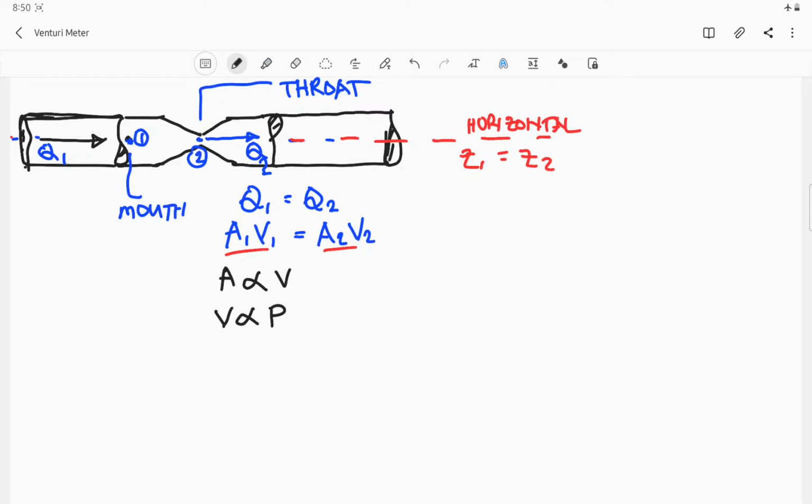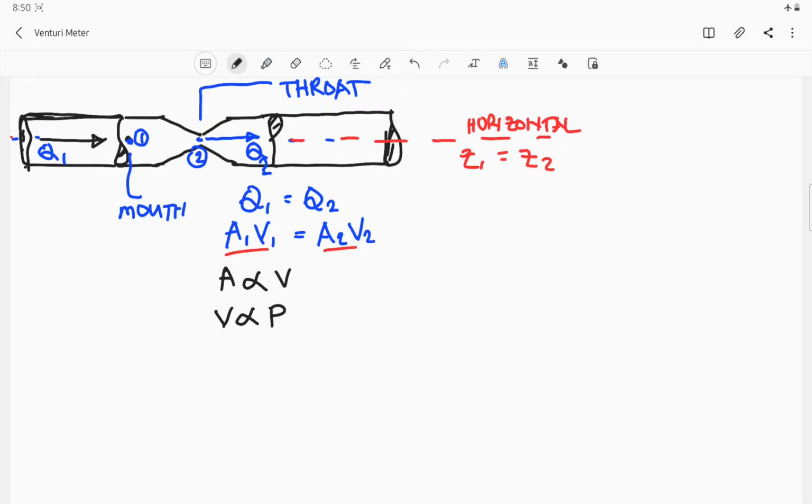But if it's an open type manometer, what we call a piezometer, the open part is exposed to atmospheric pressure. In that way, we can determine the approximate value of the pressure at a certain point in the manometer. So this is where the manometer comes in.